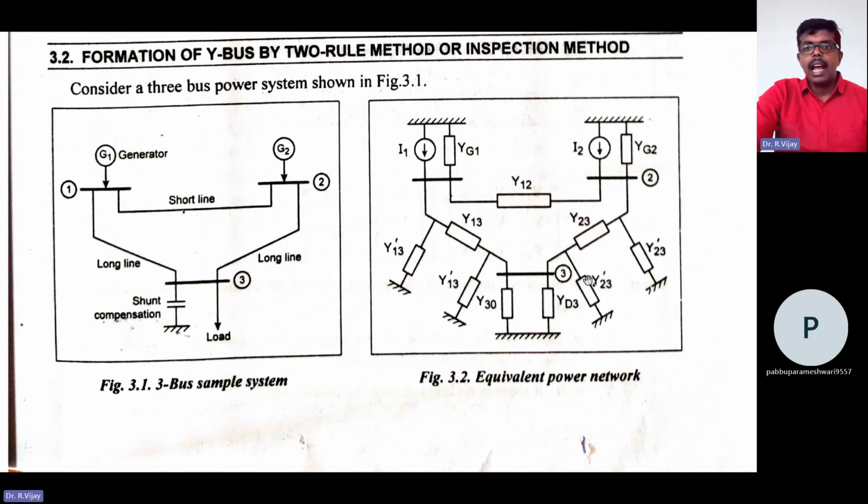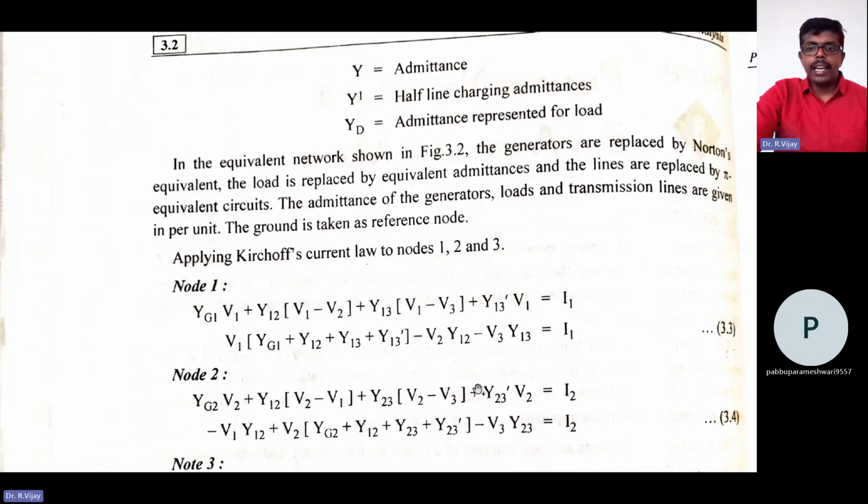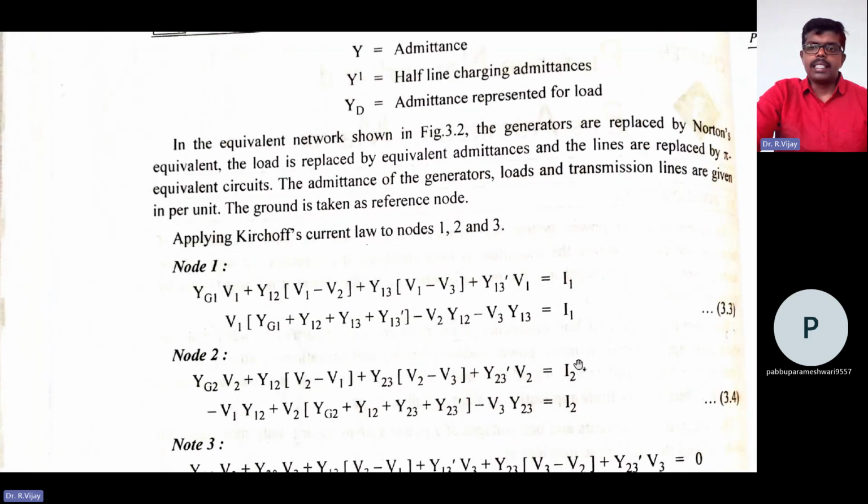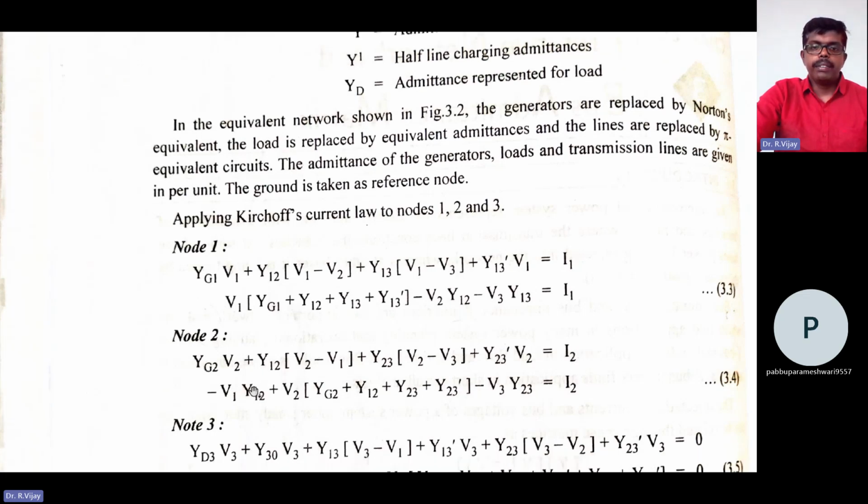And there is another line charging admittance, so you need to take Y23 dash into V2. That is equal to I2. For simplifying, we take minus V1 into Y12, V2 into the sum of the terms, then minus V3 into Y23, that is equal to I2.